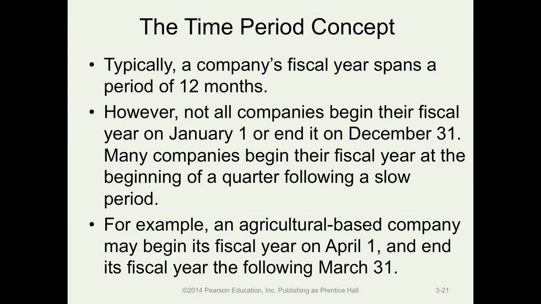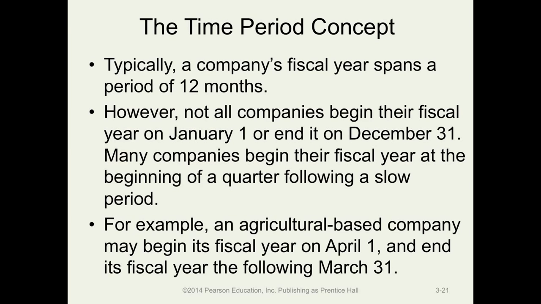The typical January 1st to December 31st year end was built off of manufacturing and retail, because that's when their sales would slow down at the beginning of the year, and they would peak at the end of the year, and then they would move to a new business cycle.